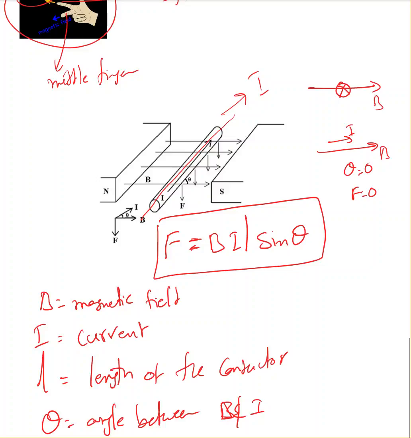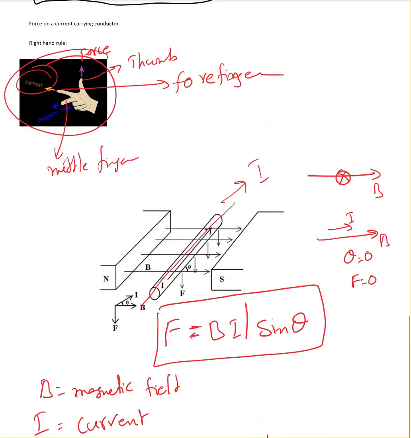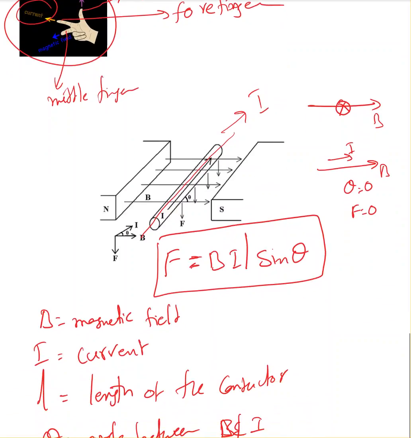Now we will find out the direction of that force by using this right hand rule. In the right hand rule, the thumb indicates the force, the middle finger indicates the magnetic field direction, and the forefinger indicates the current direction. Now if you place them perpendicular to each other, here is the vector diagram you can see. The middle finger indicates the magnetic field direction.